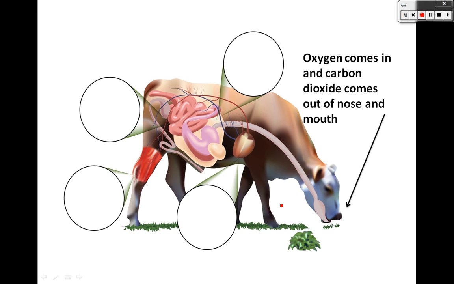So first, oxygen comes in and carbon dioxide comes out of the nose and mouth. And I wouldn't say first. I mean, all of this stuff is always happening, but we'll start here. Then in the lungs, oxygen and CO2 are exchanged in the blood.